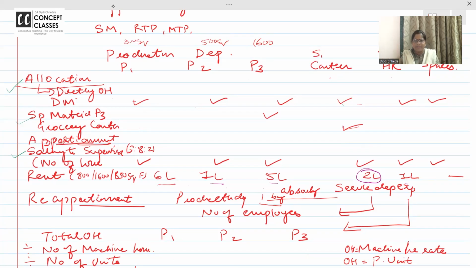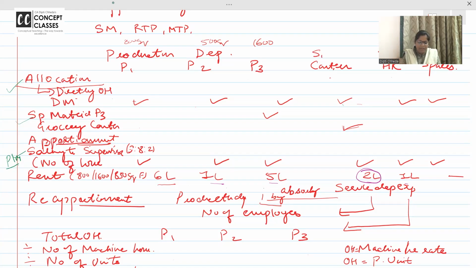I am paying AMC for plant and machinery, so how much plant and machinery value is used in each department? According to that. I have paid a one-time annual insurance premium for all the plant and machinery. So can I allocate it to P1, P2, P3 based on the value of the plant and machinery?